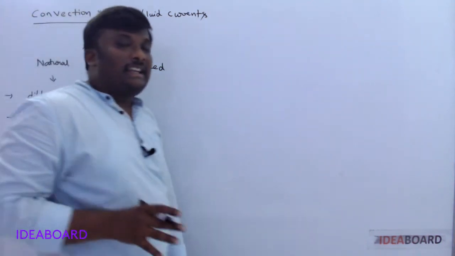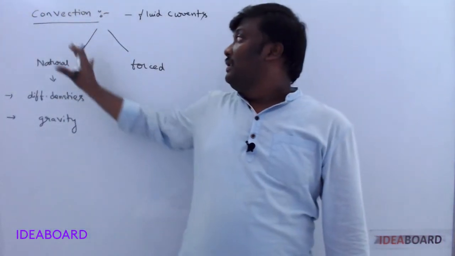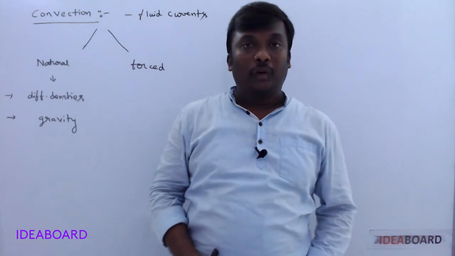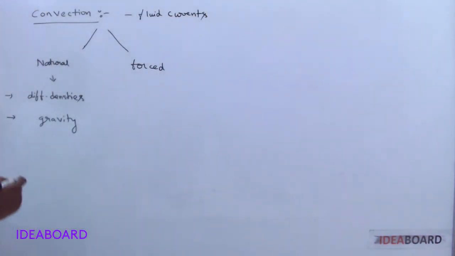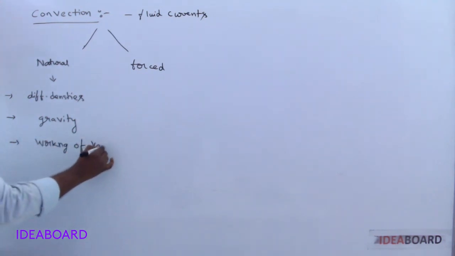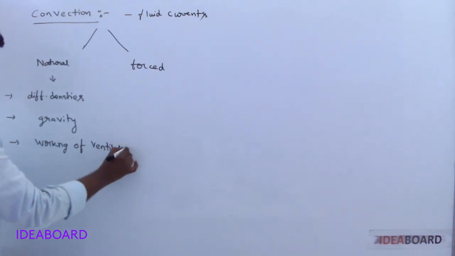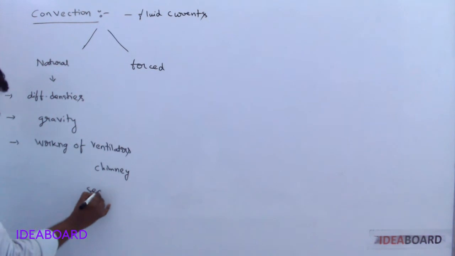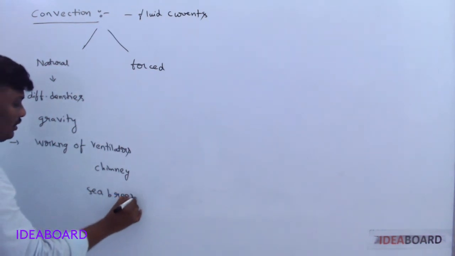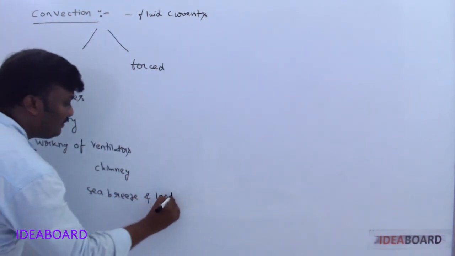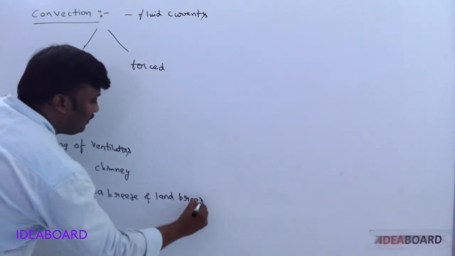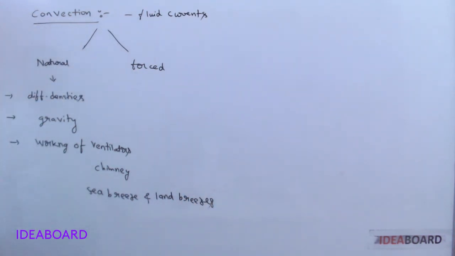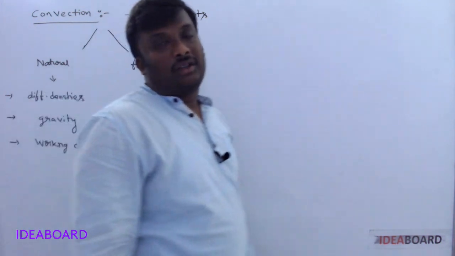So wherever g is there, the concept of natural convection works. Based on natural convection, we have the working of ventilators, chimneys, sea breeze and land breeze.